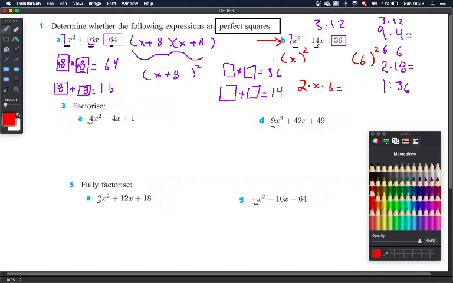That should be equal to this middle number. Now, is 2 times x times 6 14x? No, it's 12x. So this here is not a perfect square, so we cannot factor it. All right, so we have to be careful what the instructions will say, okay? Now, these ones here in question 3a, A, and D, now we have this 4 in front and the 9.